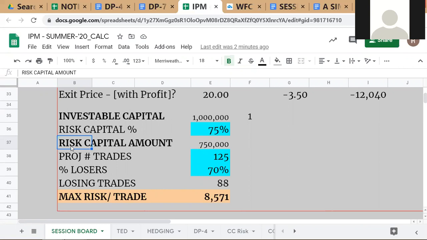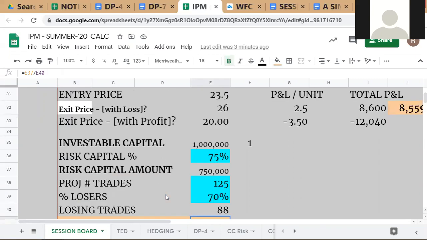Okay, you need to be able to control your losses, and this is where your basic trading survival comes in. Okay, this is the most important aspect of trading. Defense, essentially ensuring that you do not lose more than the amount of risk capital you have set aside for that period. Okay, so everybody now understands how we got to the maximum risk per trade.